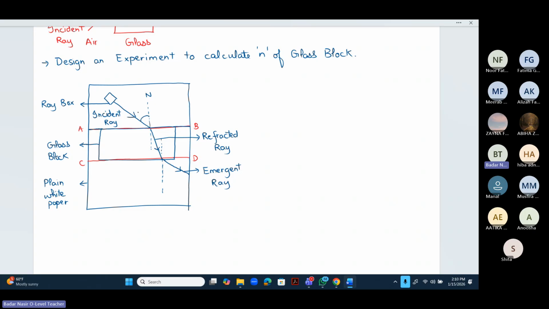This is going to be the angle of incidence, and this small r is going to be the angle of refraction. Okay, so this is how the diagram is supposed to look.